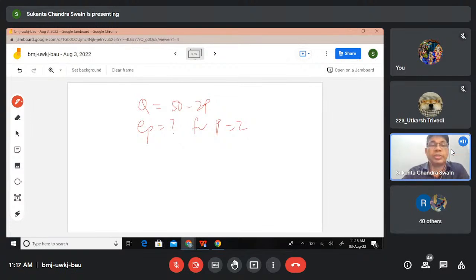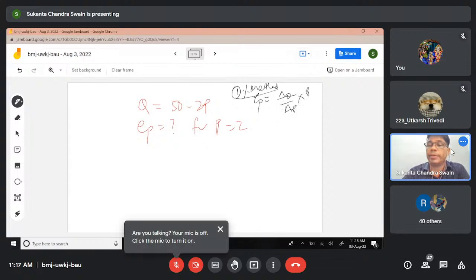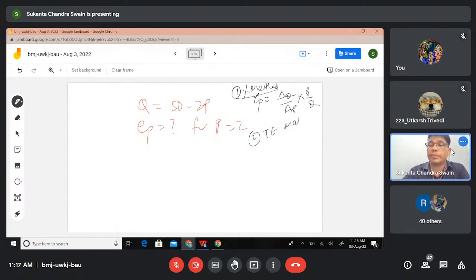We have discussed 4 formulae: percentage method, total expenditure method, arc method, and the last one, point method, the straight line method. I am just noting them down again for your reference. Percentage method is the first method: EP is equal to del Q by del P into P by Q. The second method is the total expenditure method: EP is equal to total expenditure after price change by total expenditure before price change.